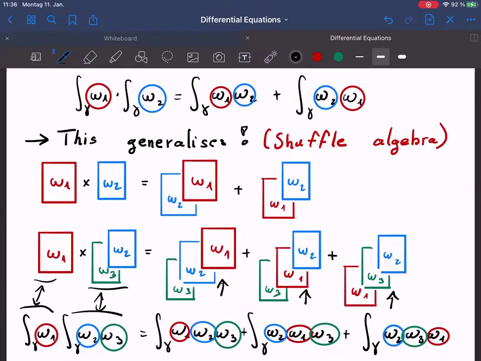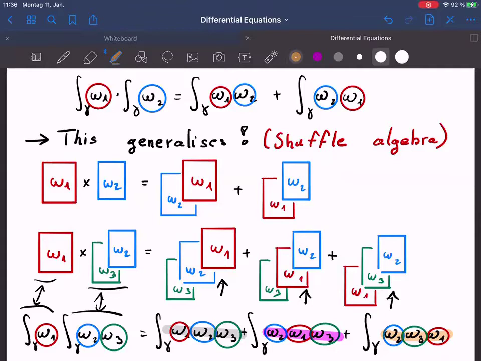If you then look at what you got, you see that the integral of omega 1 times the integral of omega 2, omega 3 is the integral of omega 1, omega 2, omega 3 plus the integral of omega 2, omega 1, omega 3 plus the integral of omega 2, omega 3, omega 1. So that's this very simple rule, and it always works with this idea of shuffling cards.